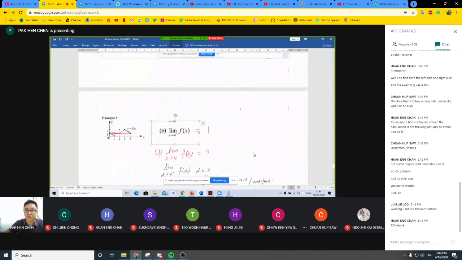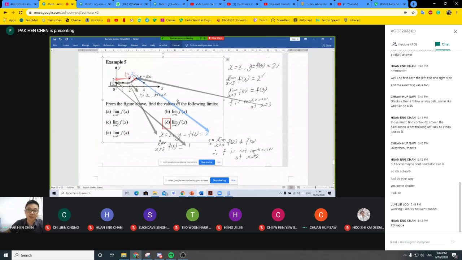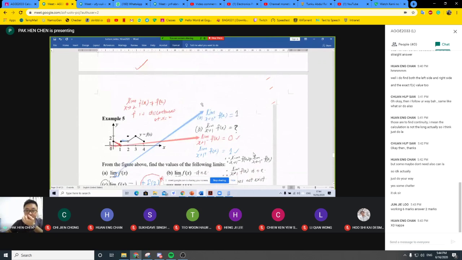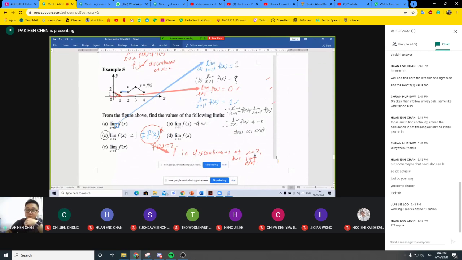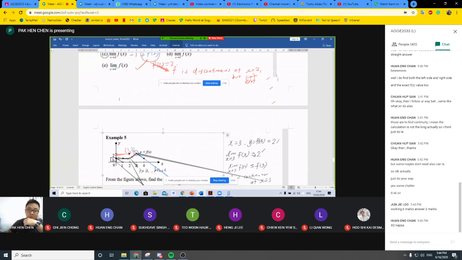Unless it is a graph. If there's a graph there, you are allowed to write the left and right limit directly. It will be easy, right? You do not need to do substitution like what I've done for question number 6.